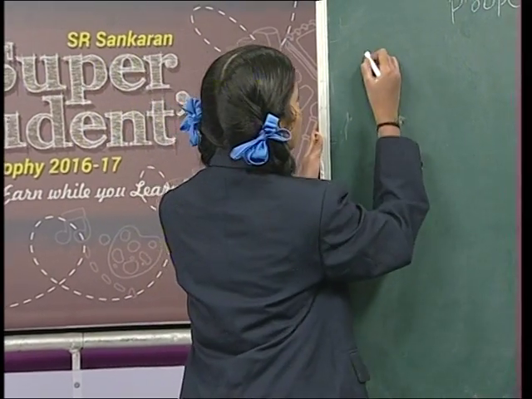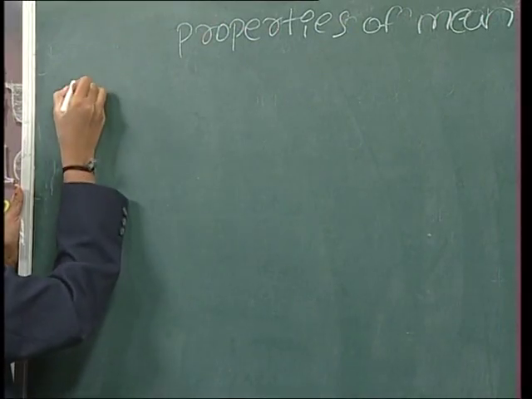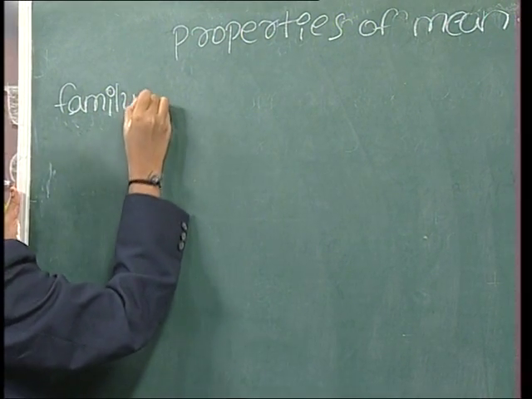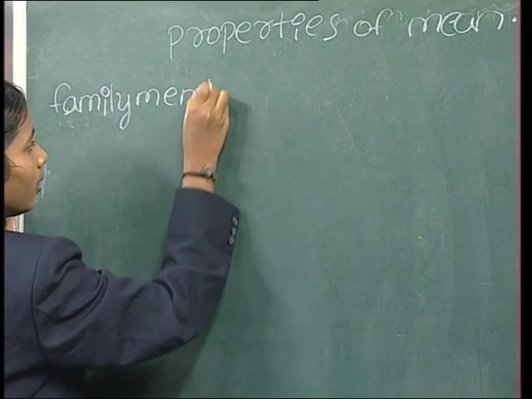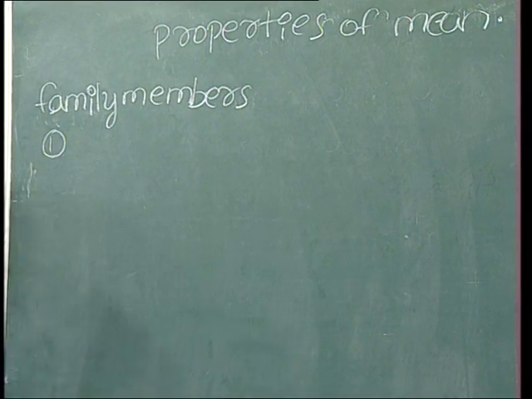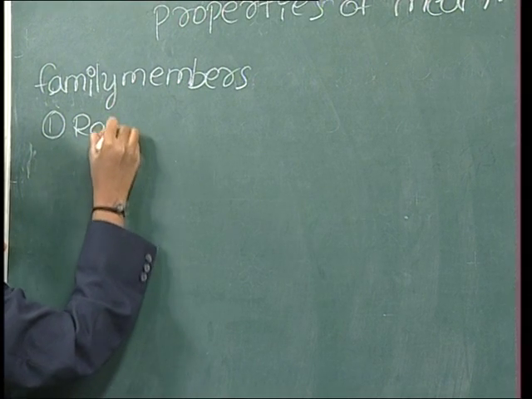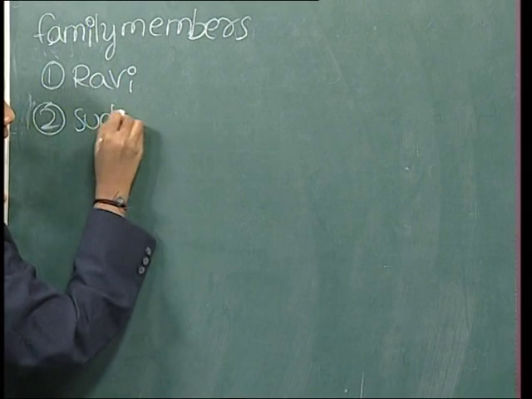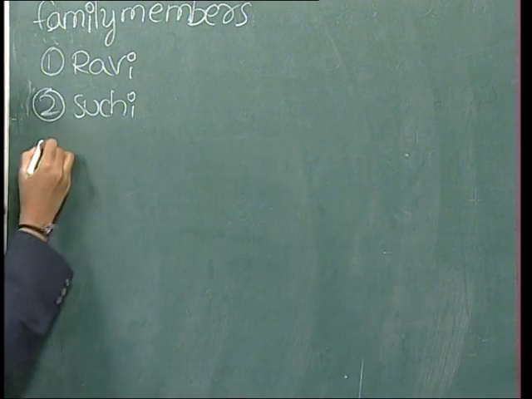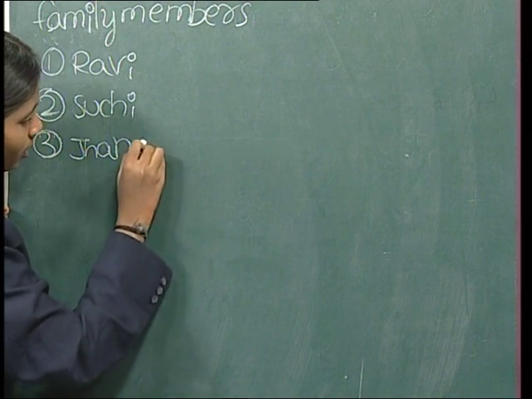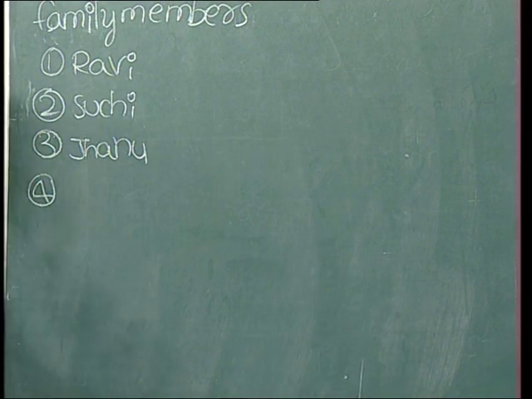The family members are Ravi, Suchi, Janu, and then last, Banu.